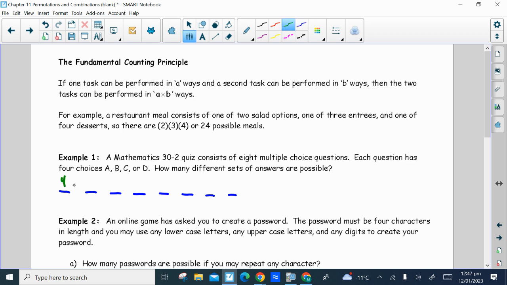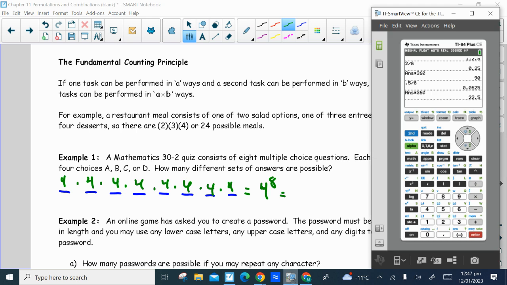If you are guessing, there's 4 possible answers for the first question, 4 for the second, and so on. And remember, the fundamental counting principle says that these numbers are multiplied together. Essentially, it's just 4 to the power 8. 4 is multiplied by itself 8 times, and so we can do that on our calculator.